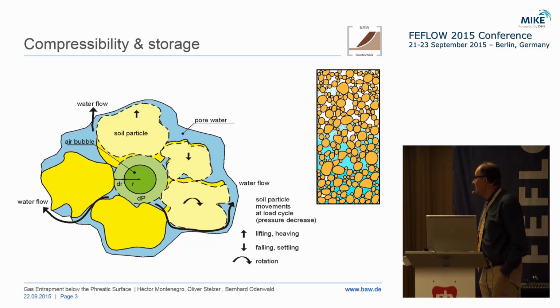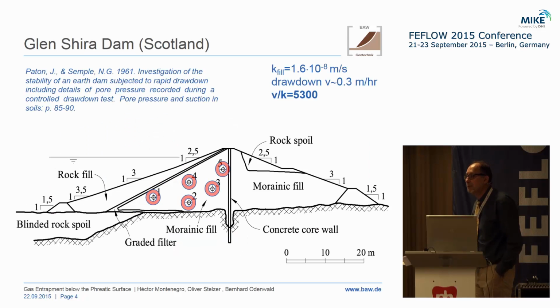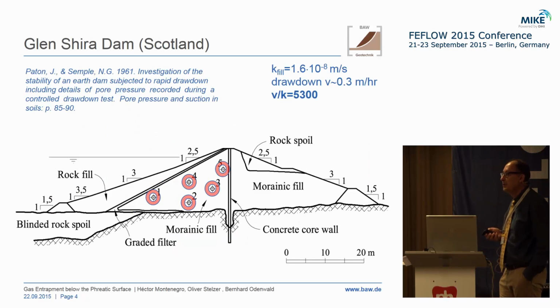If we have some gas bubbles entrapped here, at the pore scale, due to the compressibility of gas, they will enhance our storage properties. So the assumption of our groundwater storage is going to be different than we thought if we would assume complete saturation.